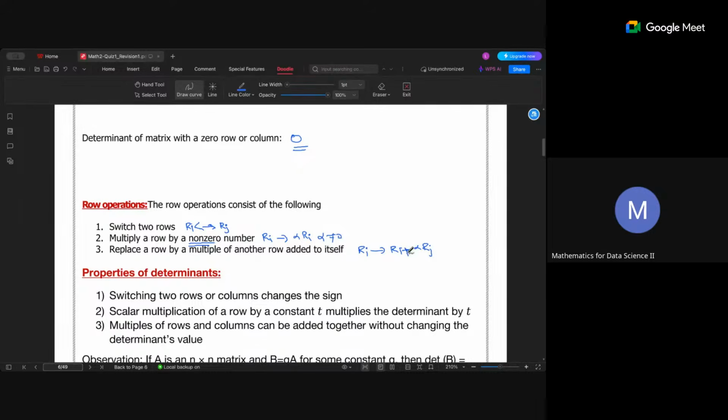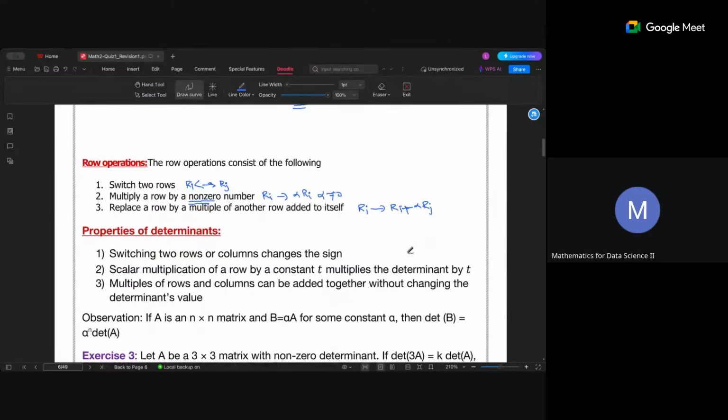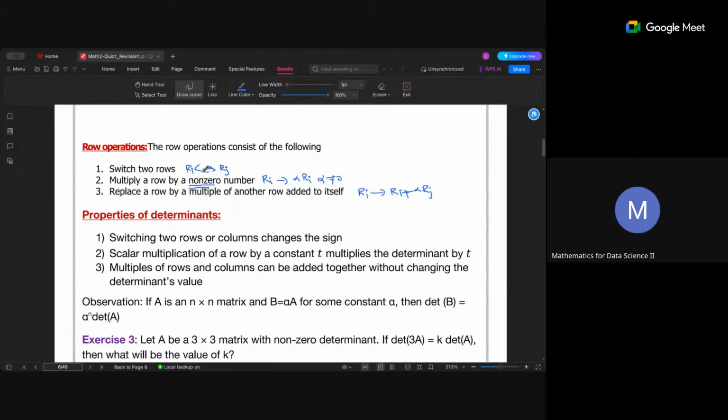Okay, fine. Now, what are the corresponding changes in the determinant when we are doing such row operations? Switching two rows, suppose you have performed this first row operation. Then the sign of the determinant changes.